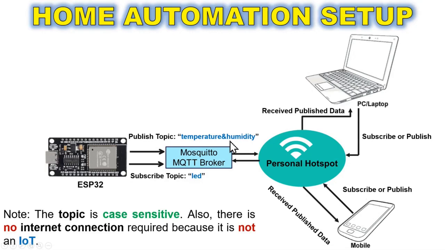The laptop PC and mobile phone can also publish a topic entitled LED with message data such as on or off to switch on or off the LED bulb, and then that published topic LED with message data will be sent to the Mosquitto MQTT broker, and then later it will be received by the ESP32 microcontroller.